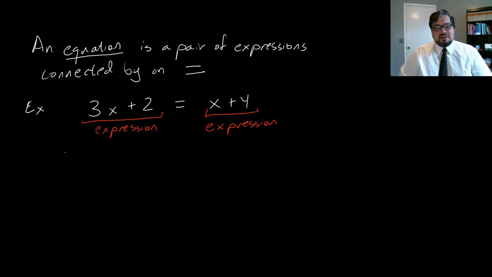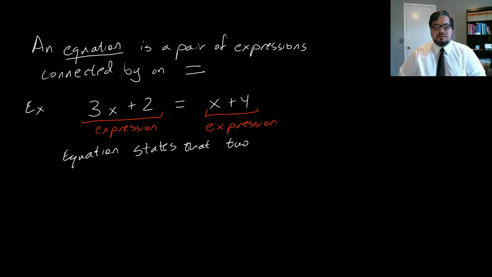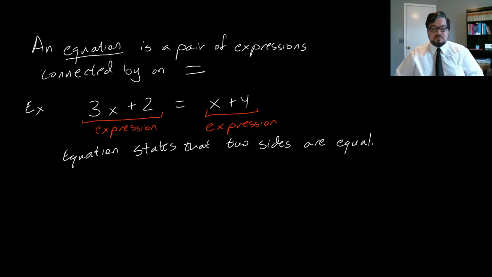So an equation states that the two sides are equal. Now, all of a sudden, we've gone from expressions, which are simply things that are sitting out there, to a statement.